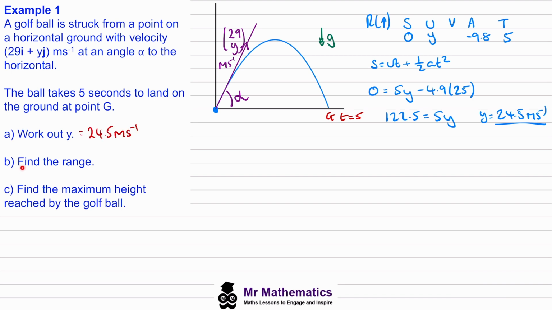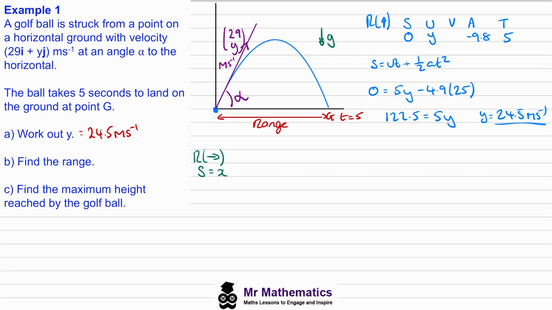Then for part B, to work out the range, I'll show this on the diagram. This is the range here. Because we want to work out the distance from here to here, we're going to resolve horizontally. So again, we'll use our CVAT. The displacement we're trying to find, we'll call this x.